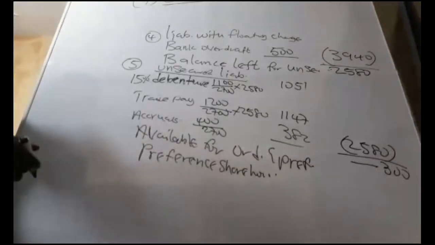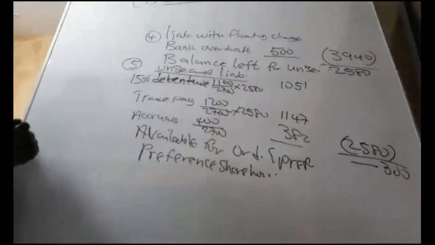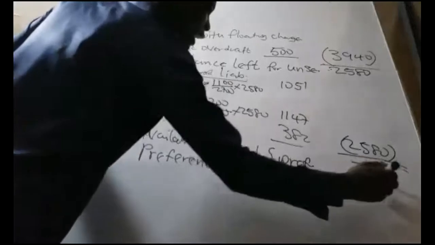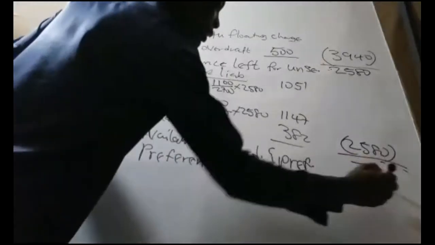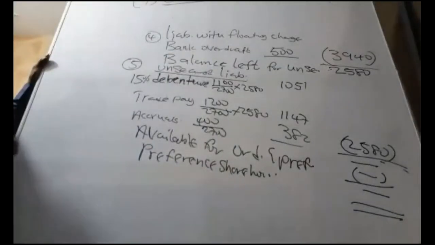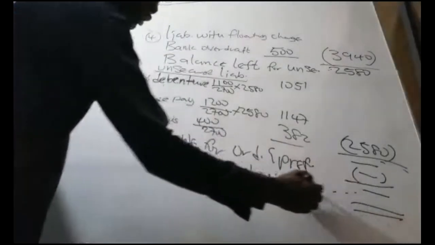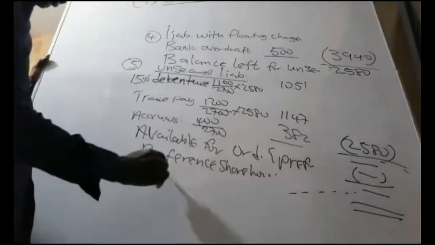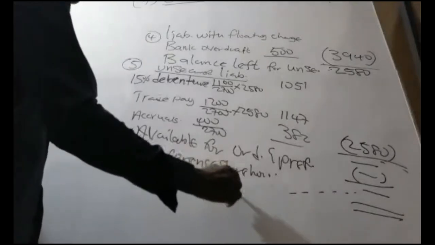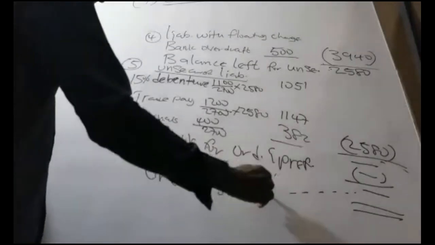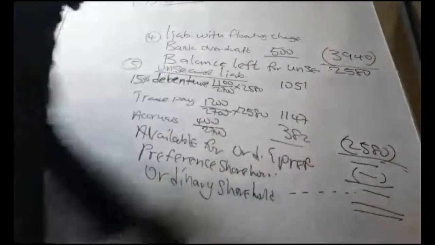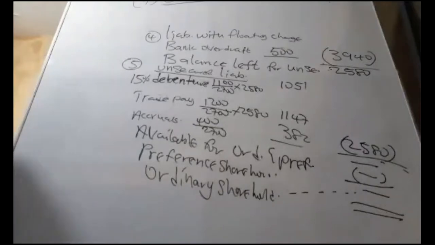The value from the financial position is what we are paying, and that over here is dash. So you subtract it, and whatever remains, we give to the ordinary shareholders. So this figure is for the ordinary shareholders. Please do it in that order. Then you are done. Can you get it?